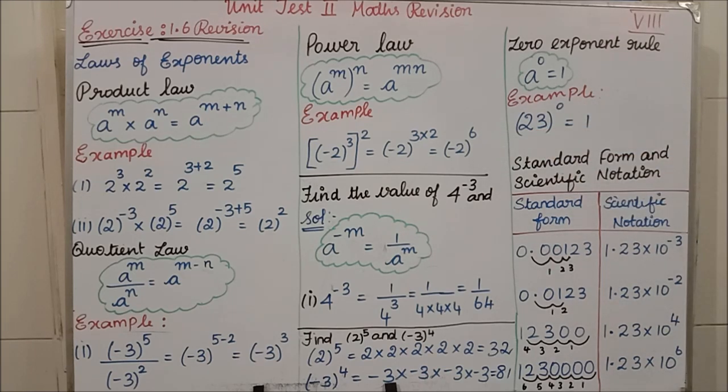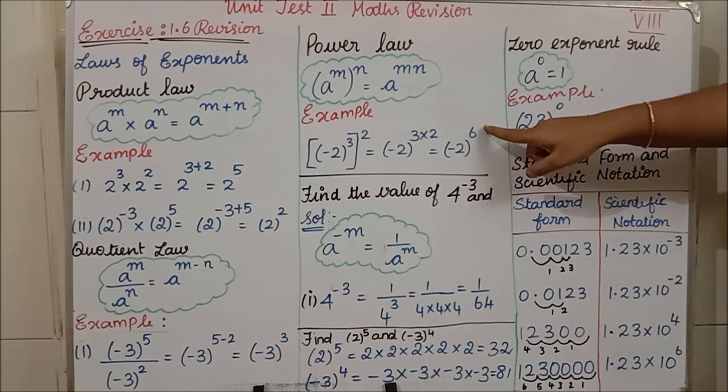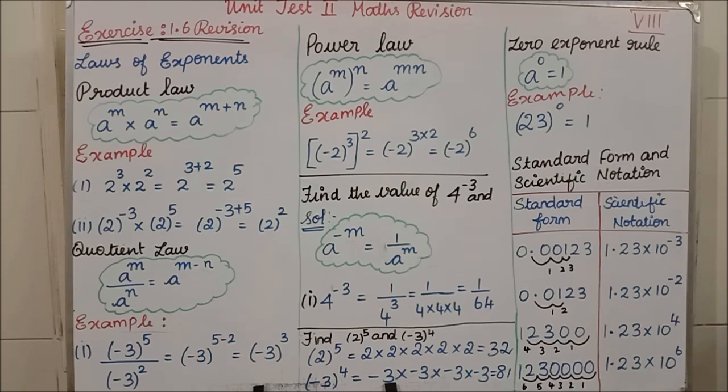Is it an even number or odd number? It is an even number. Then the answer should be written in the positive. Suppose for minus 2 we are having odd numbers, like 3, 5, then you have to write the final answer in the negative.